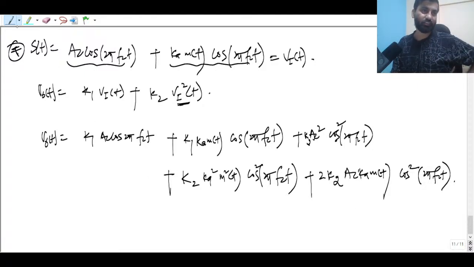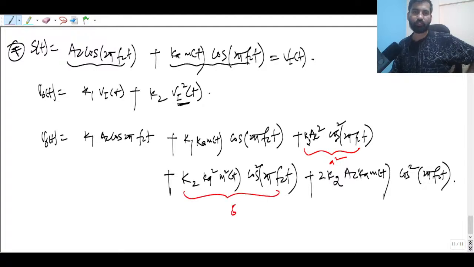So let me write the formula as well so that you can remember. तो ये हमारा क्या है, this is a square, this is b square, and this is 2ab, okay.